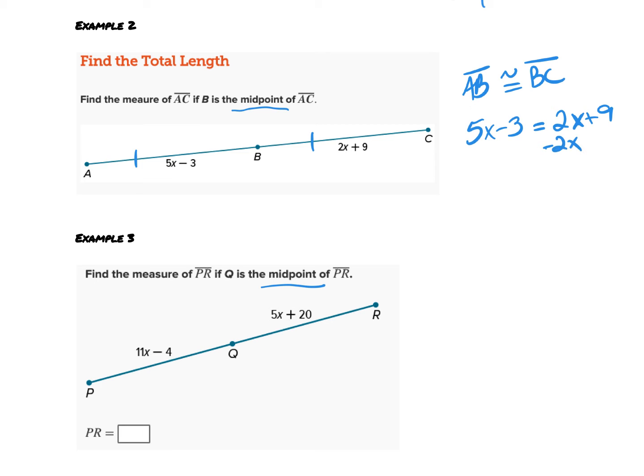So subtract 2x so I can get, remember, x on one side, and then we have to get our constants, or our numbers, on the other.